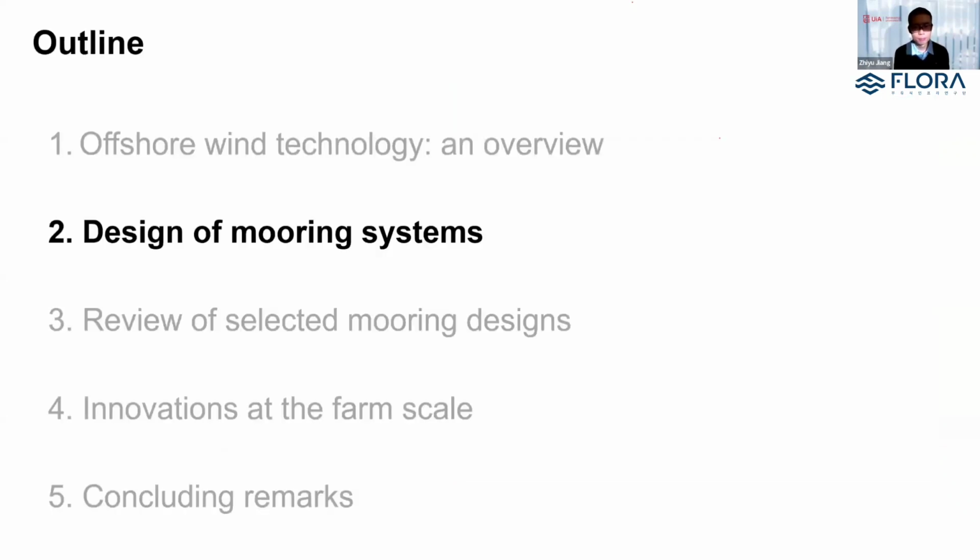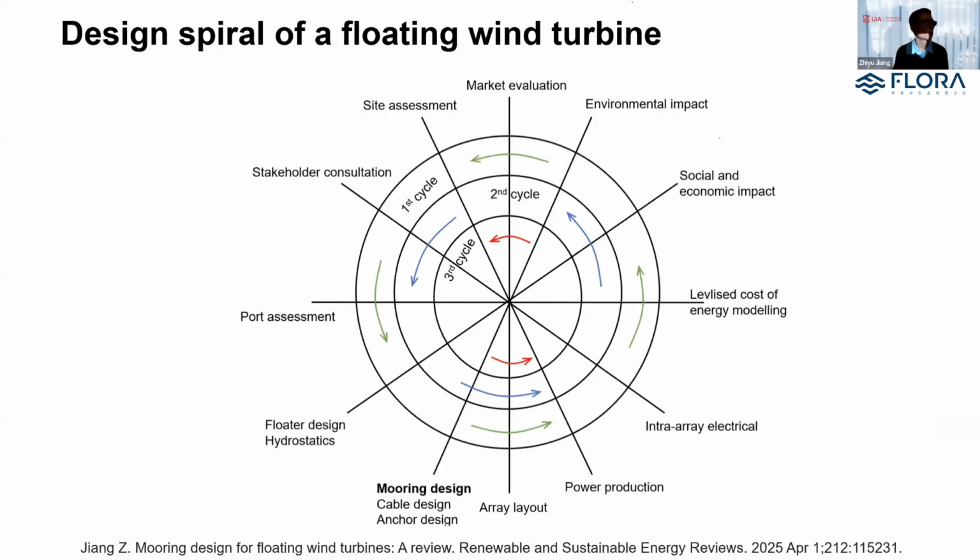Design of mooring system. I'll give you an overview of the design considerations, and then we can take a look at different aspects. Looking at the design spiral of a floating wind turbine, there are many considerations that we need to take into account. The floater design, hydrostatics, mooring design, cable design, the array layout, as well as the economic aspects related to power production, right?